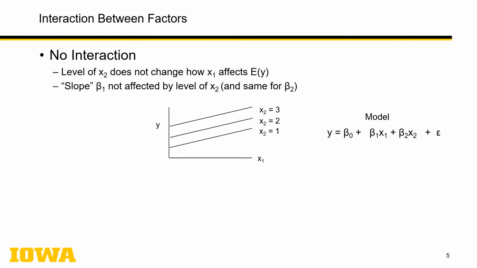So, for example, we have just two levels of x1, a low and a high. And when we set x2 to 1, we see that when x1 is low, y ends up at this value here. And then when x1 is high, we have this increase in y. So there's a positive association between x1 and y. Beta, the slope, is positive.